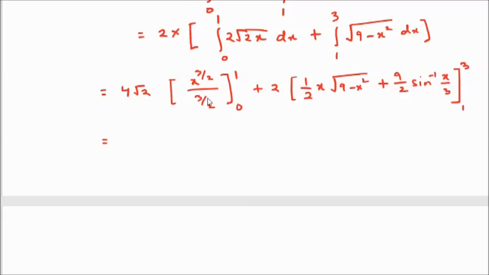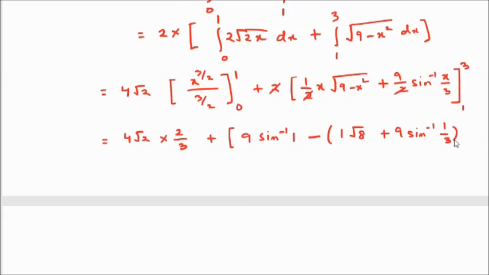If I put x equal to 0, this will be 0, so I'll get only 4 root 2 times 1, that means this will be 2 by 3 plus, so from here this 2 gets cancelled. If I take 3 here, this first part will be 0, so I will get only the second part, that is sine inverse 1 minus, this will be 1 root over 8 plus 9 sine inverse 1 by 3.